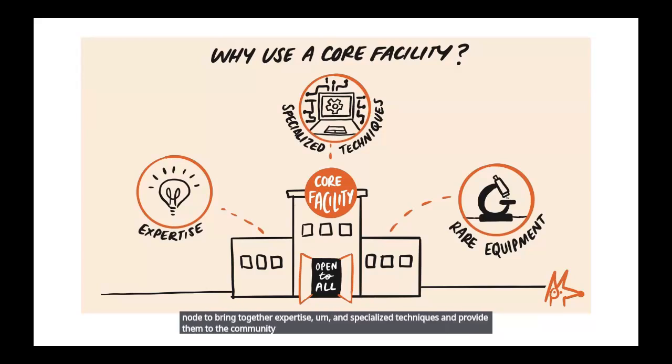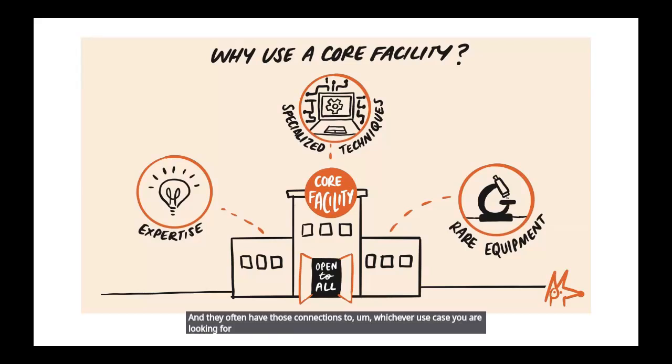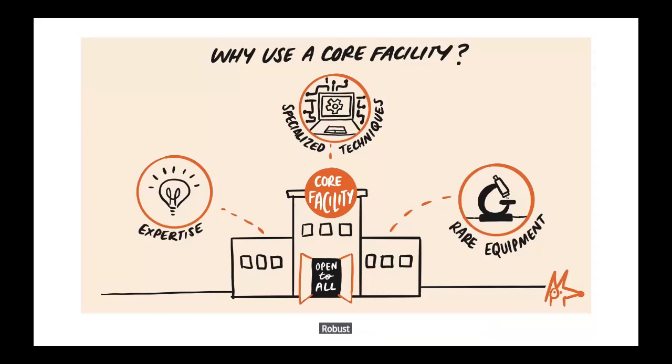And what I would encourage is that if you have reached a stumbling block or you have reached implementation with a single user group, to engage your core facilities because they are speaking your same language. They both want to educate, they want to automate, and they want to make tools easier for everyone. And they often have those connections to whichever use case you are looking for, whether it be highly advanced or the average, quote unquote, robust one that we can grab for you.